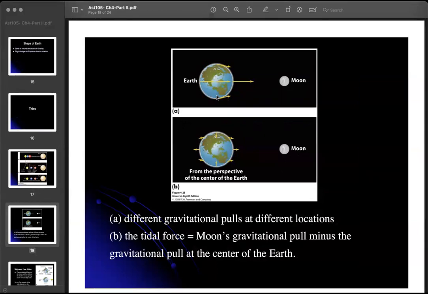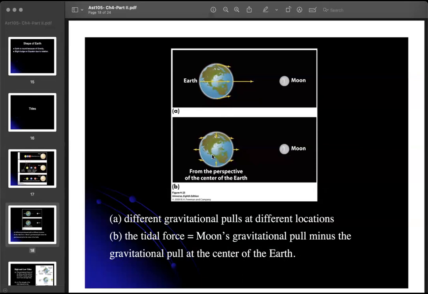Okay, so the closest area has the greatest gravity, the furthest one has the least gravity, and then on the sides there's this medium gravity, but it is also pointing at an angle. If you average those out and remove the average, and you just draw the differences of those.